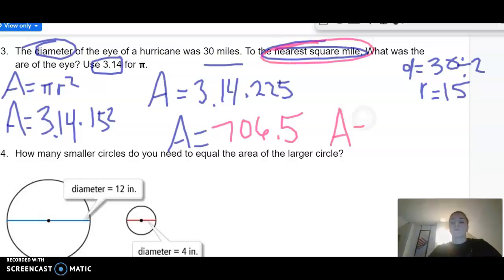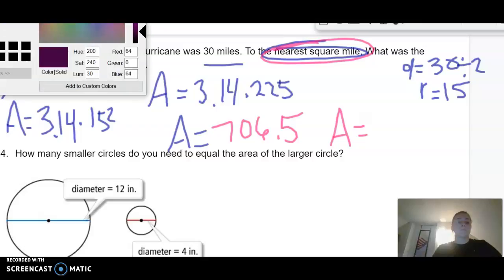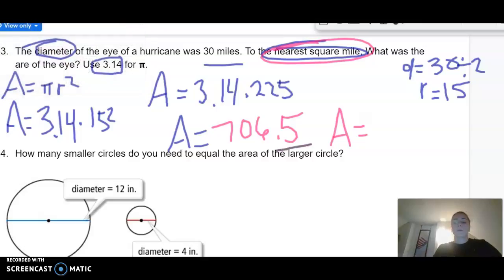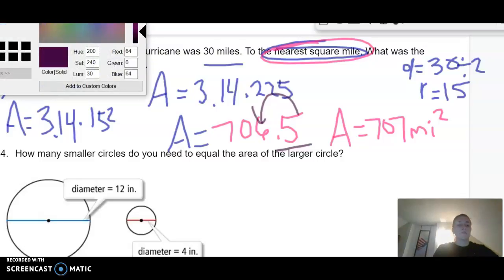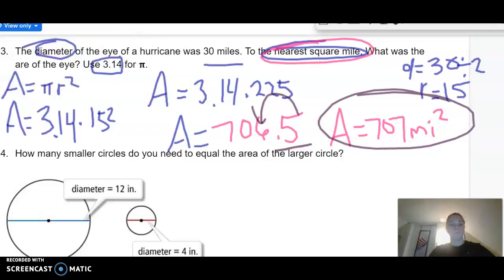So we're going to look at our 5 here, and our 5 is telling us to round our 7 up. So we have our area of 707 miles squared. Okay, so that is our answer. We're going to circle that for number 3.